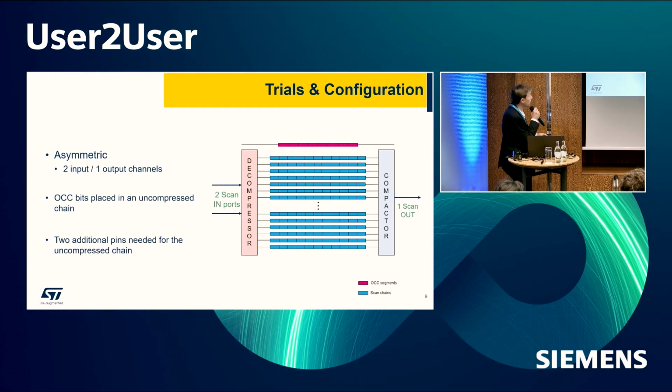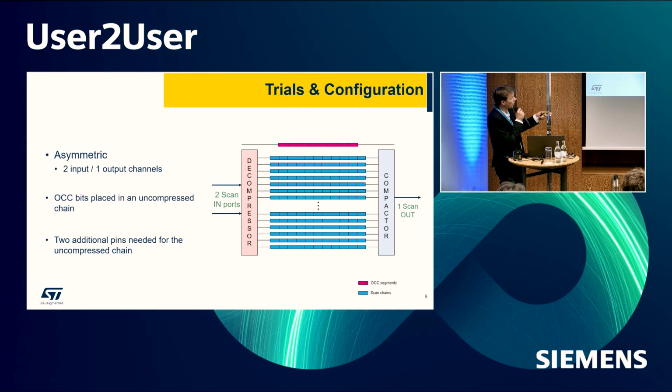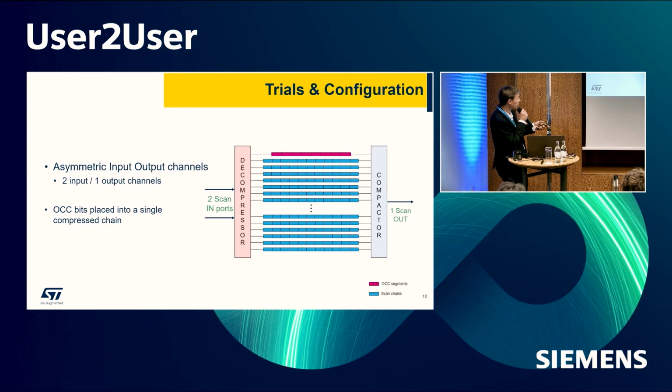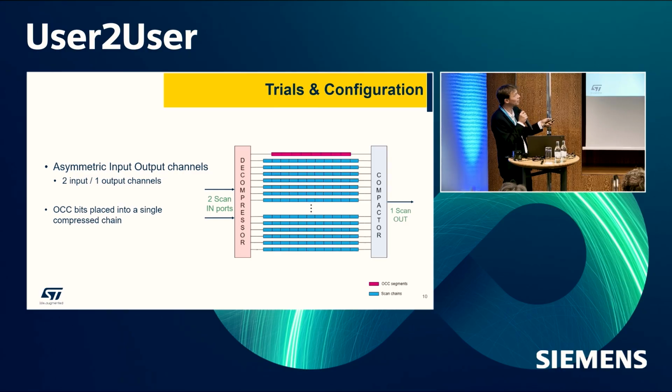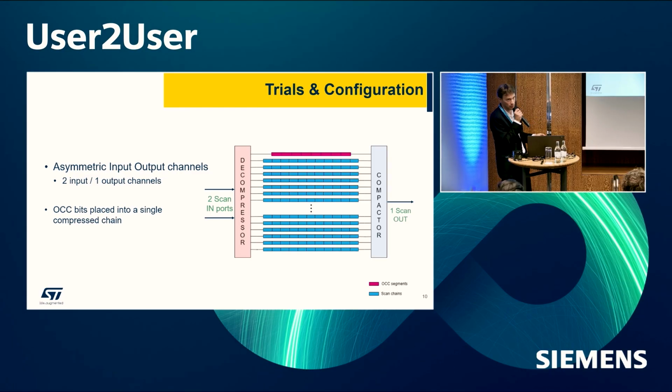The drawback with such an implementation, at least for them, is that you need to add 2 additional pins to provide this data. So that was one additional trial they have done. And they also did another trial where, instead of cascading all the OCC bits across those different scan chains, they used one single dedicated compressed scan chain to store all the OCC care bits.